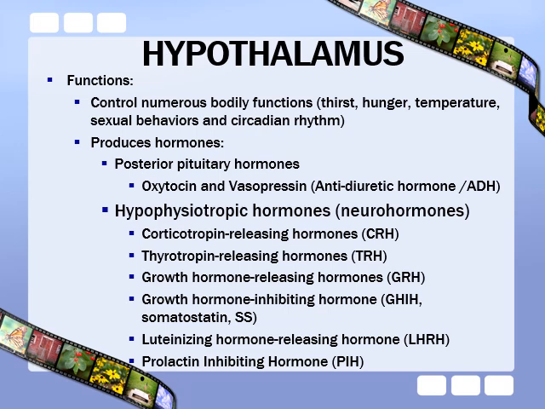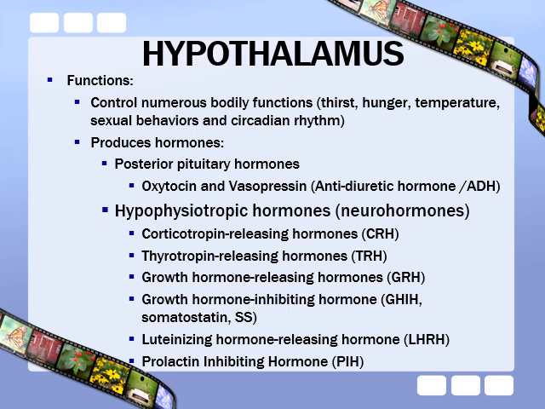It produces hormones. We have the posterior pituitary hormones and the hypophysiotropic hormones or the neurohormones. Under posterior pituitary hormones, we have oxytocin and vasopressin.